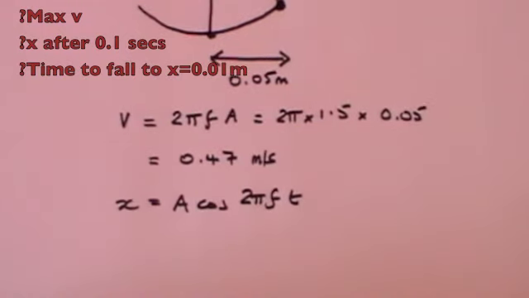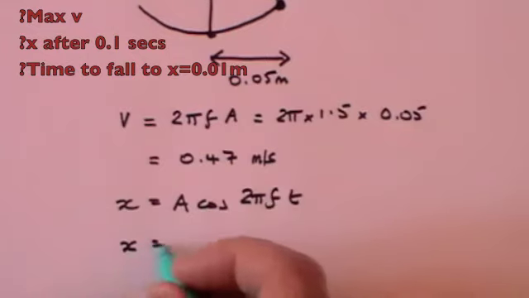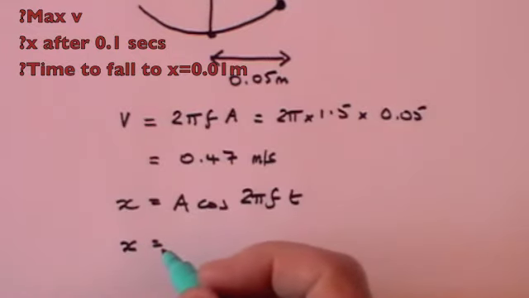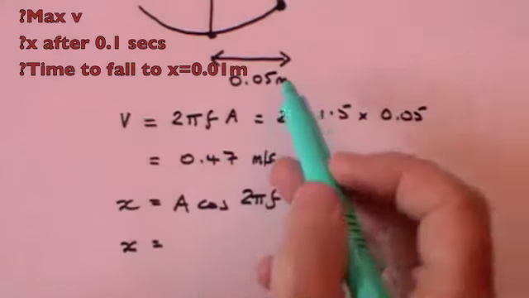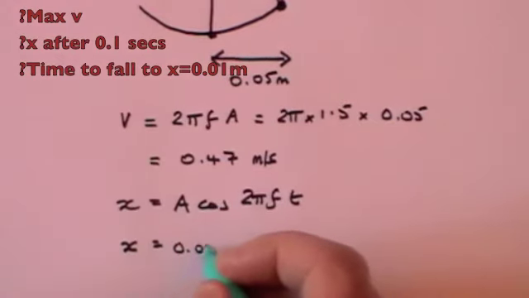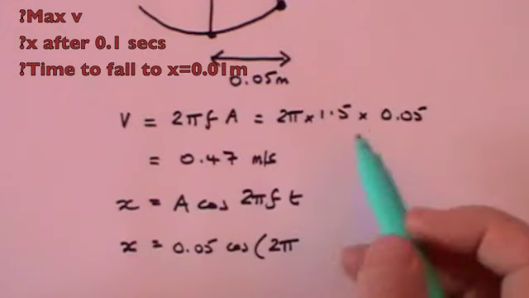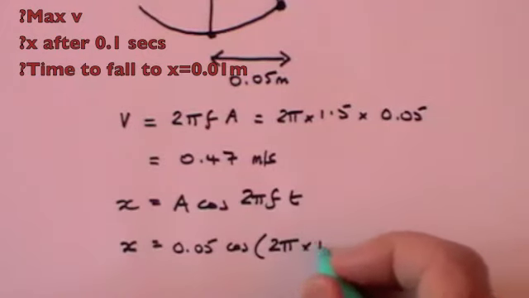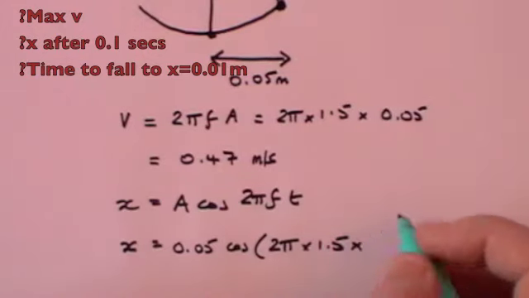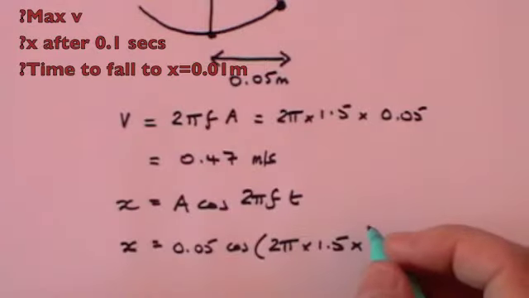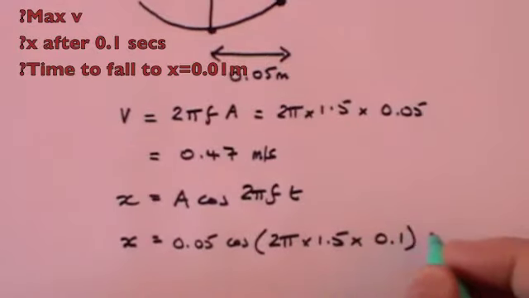If we had started the clock here, then you would use a sine term rather than a cosine term. So once again, the displacement will be x, that's what we're trying to find, equal to the maximum displacement, which we were told was 0.05, times the cosine of 2 pi times the frequency, which was 1.5, times the time, which we were asked was 0.1.